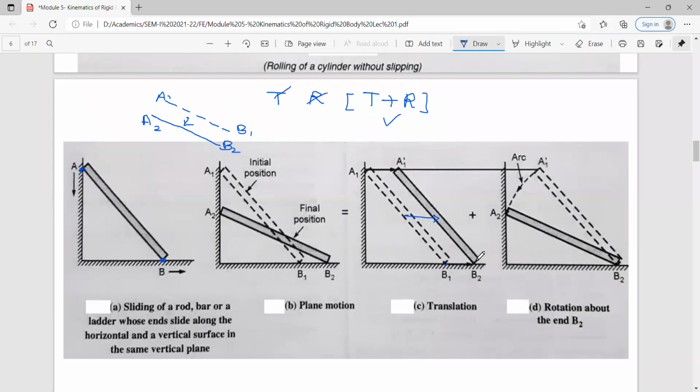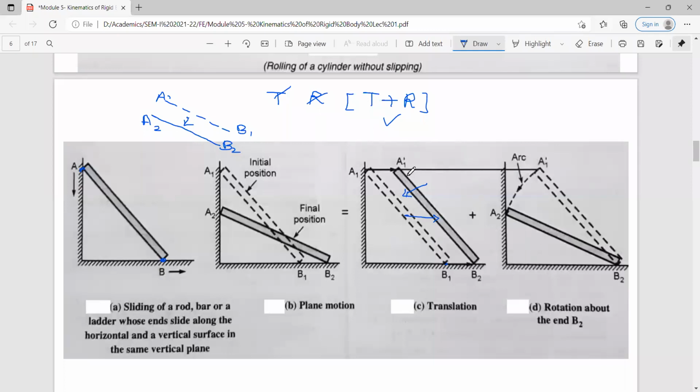After dragging it, you have to rotate the ladder about B2. So this A1 dash point will rest on the vertical wall and come to A2 like this. So one can imagine that translation happened and rotation also happened, and this is called general plane motion.